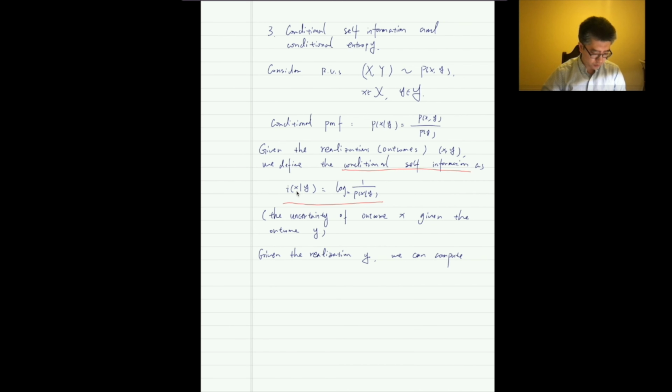So we compute the expectation of I(X given small y), which means that we observe y happened.